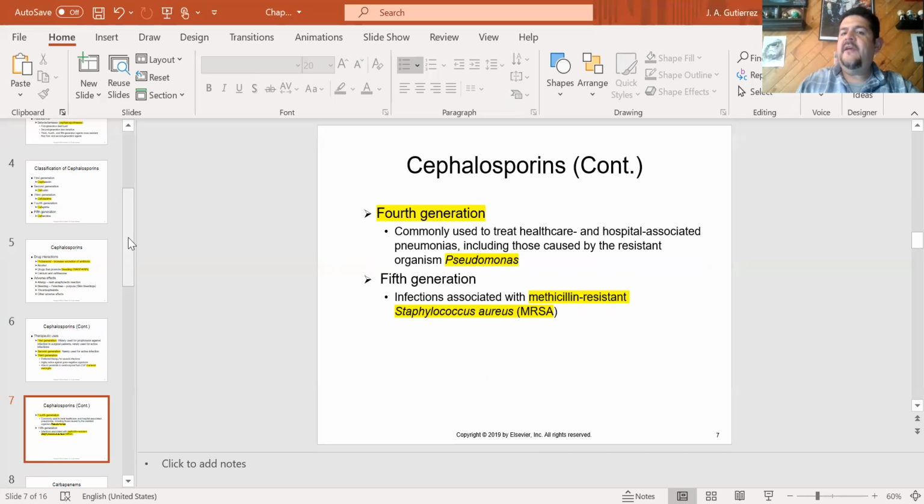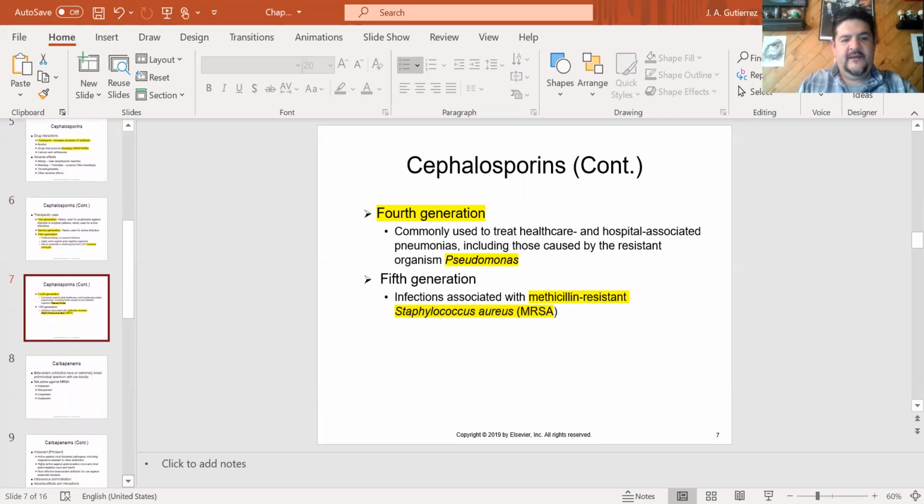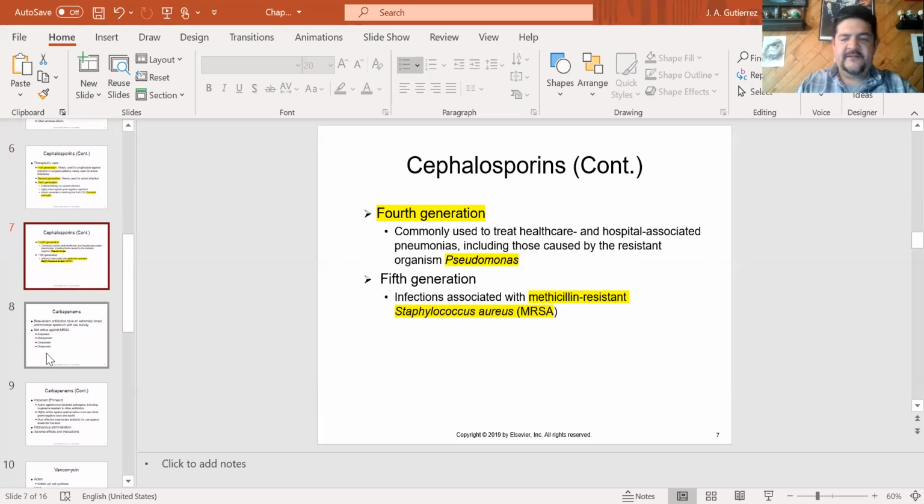Pseudomembranous colitis is dangerous because it's a super infection where C. diff or Clostridium difficile is the main bacteria, and it can be fatal. The treatment is metronidazole. Again, I'll keep repeating this with a lot of antibiotics.